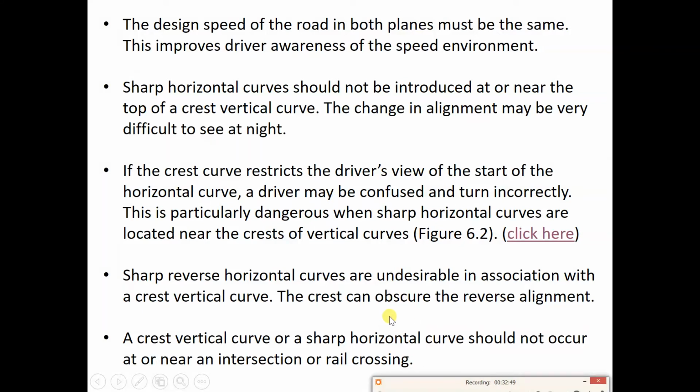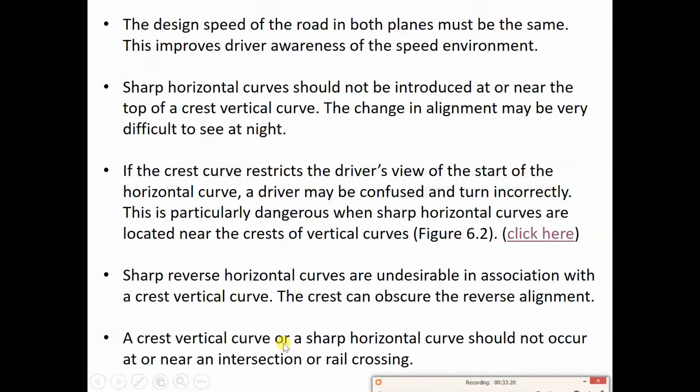So it's not desirable. A crest vertical curve or a sharp horizontal curve should not occur at or near an intersection or rail crossing, whether it's a crest curve or a sharp horizontal curve.